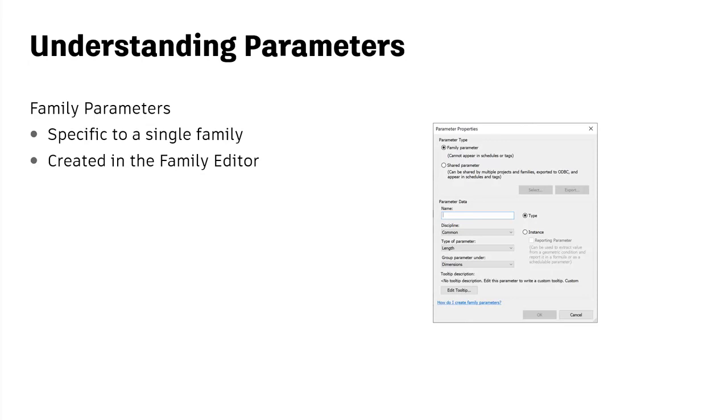However, family parameters cannot be used in schedules or tags. You can use family parameters to control family geometry or to specify an attribute. While you can modify family parameter values for a family in a project, just remember that you cannot schedule or tag a family parameter.